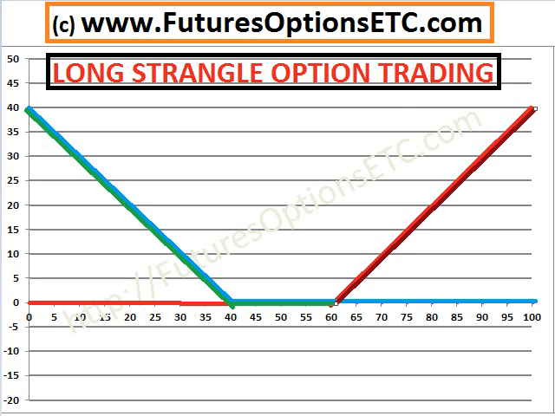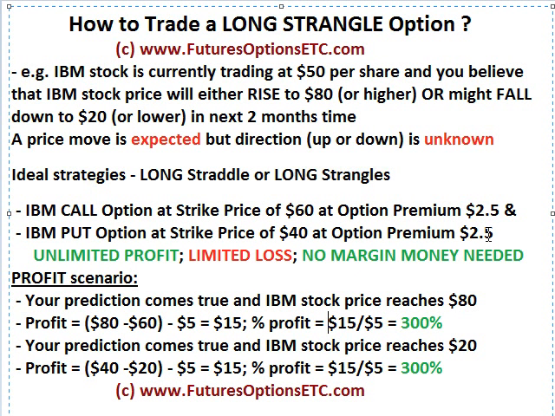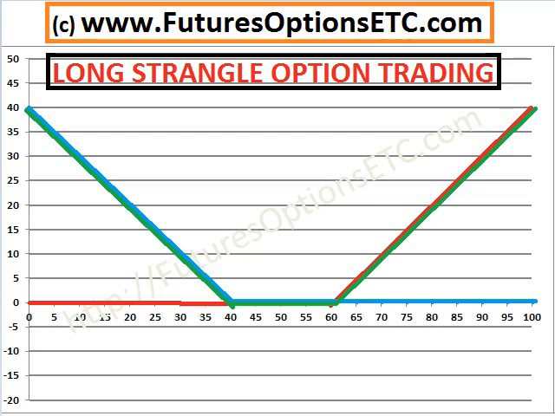However, this green graph still does not take the price into consideration, which is in this case 2.5 plus 2.5, that is $5, a net outflow from our pocket. Hence this needs to be accounted for.